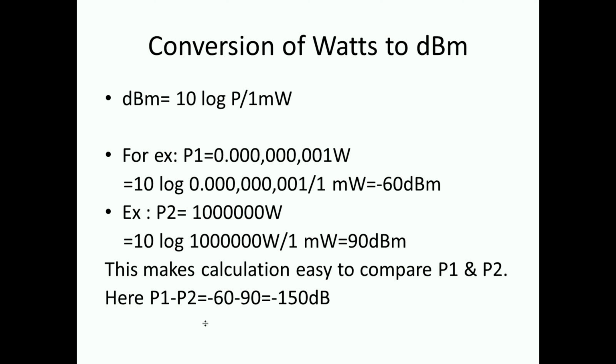For example, if P1 is 1 nanowatt, then we will get minus 60 dBm, and if P2 is 1 megawatt, we get plus 90 dBm. This makes the calculation easy to compare. So if we know the transmitter power is 90 dBm and the receiver power is minus 60 dBm, then we can calculate minus 60 minus 90, which is minus 150 dB.